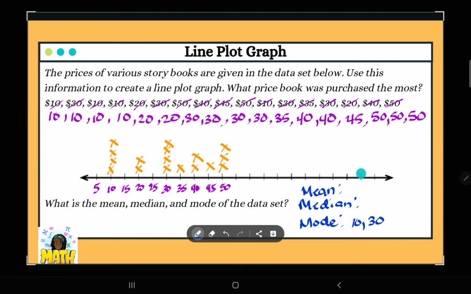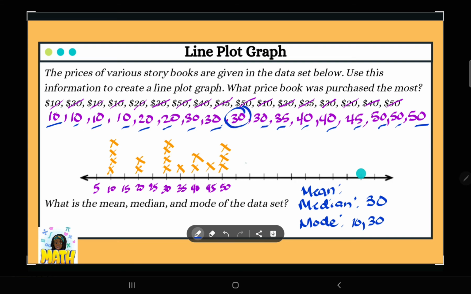That means the number in the 9th position would be in the 30s. So my median is 30, and I can prove that up here as well. If I were to just cross them off, one on each side, this here would be my median.